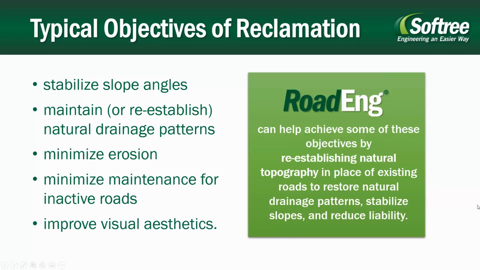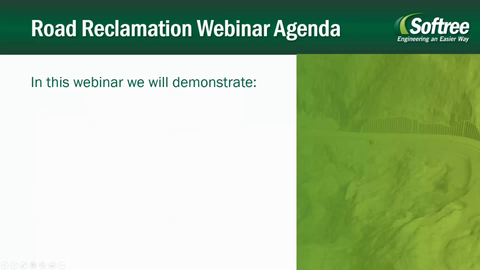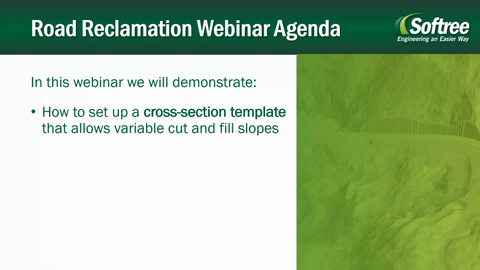liability. Now, our quick agenda for the webinar today, it's mostly going to be focusing on how to set up a cross-section template. In particular, a cross-section template that allows variable cut and fill slopes, automatically adjusting to target separate features. So this could be the edge of the existing road prism, for example.